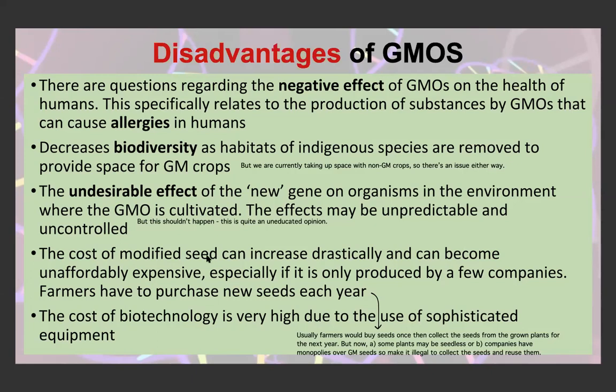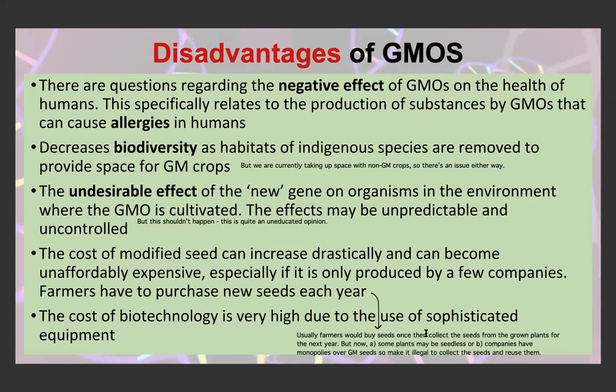Another disadvantage is that the cost of a modified seed can increase drastically and become really, really expensive, especially if it's only produced by a few companies, and farmers have to then purchase new seeds each year. So usually farmers would buy seeds once and then collect the seeds from the new plants that have grown. But now some genetically modified plants may actually be seedless, which means farmers have to buy them each year.